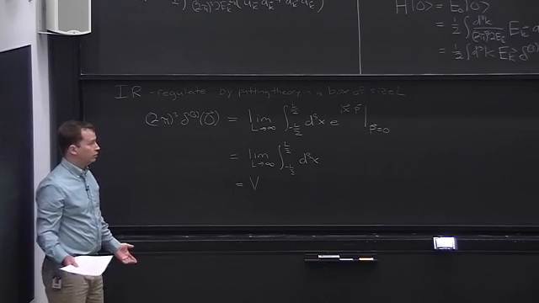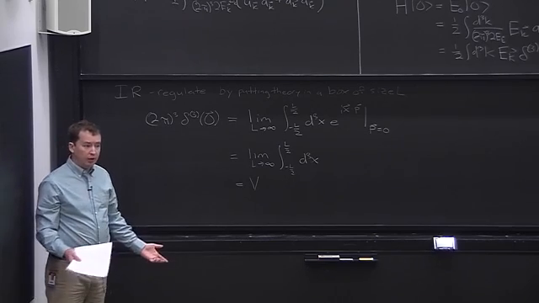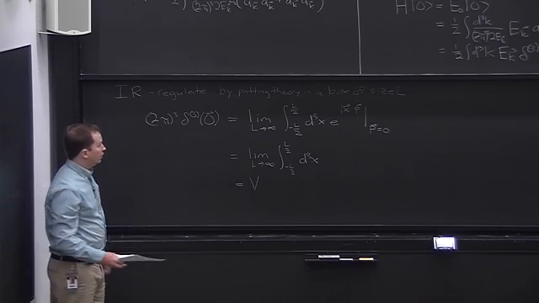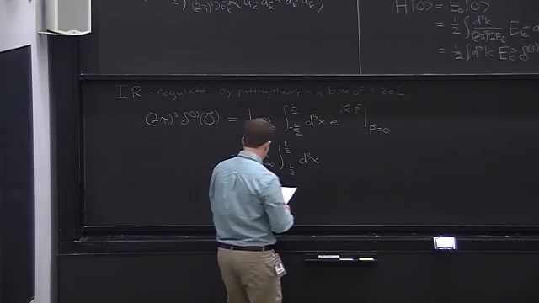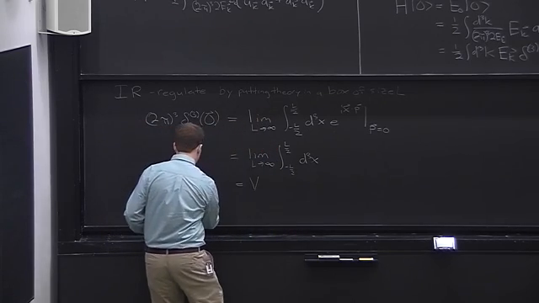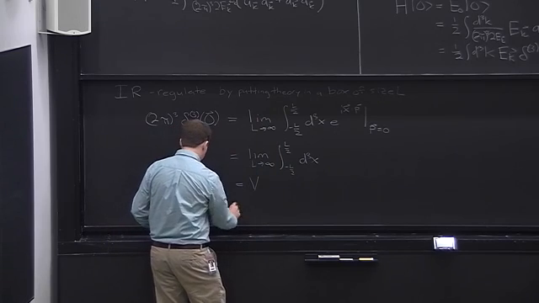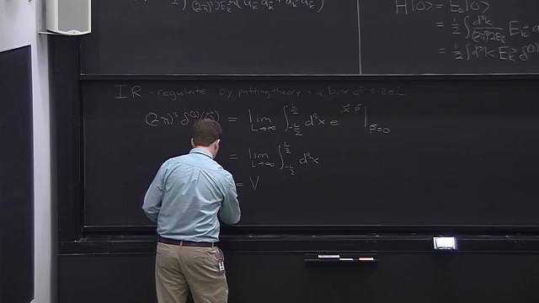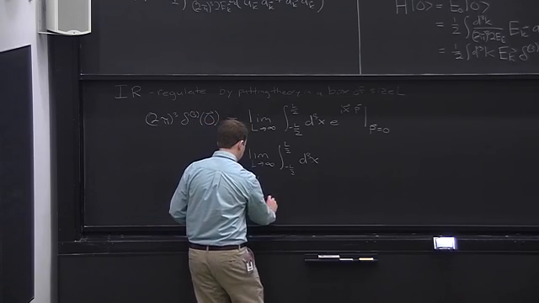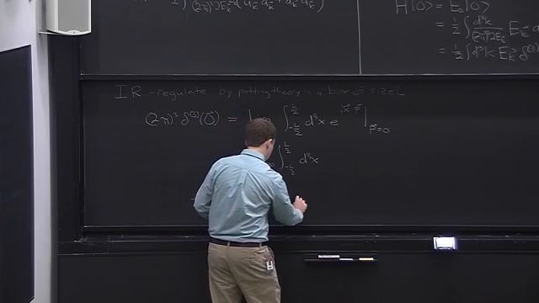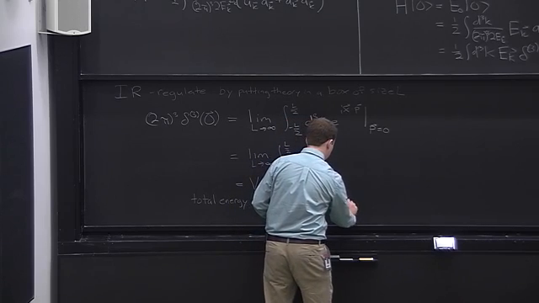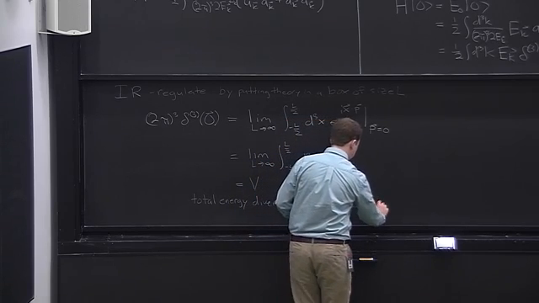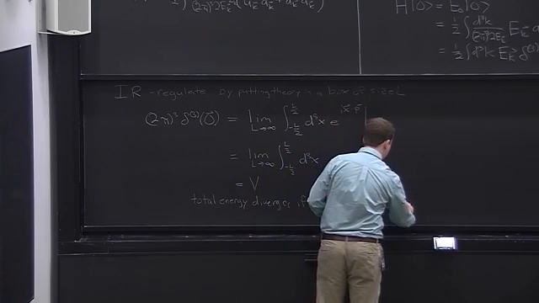The only way that the energy could be finite in an infinite space is if the energy density is 0. So I understand part of the origin of this divergence, and that's because the total energy diverges if V diverges, unless rho naught is 0.